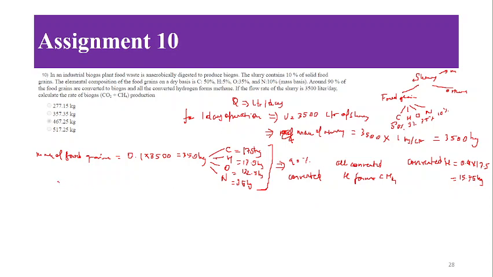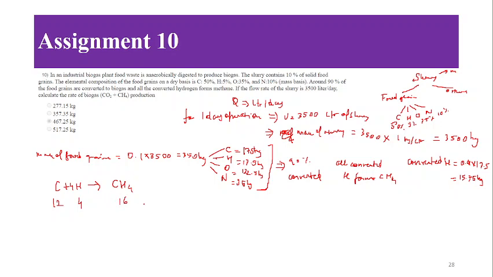And we know this elemental reaction relation as C plus 4H gives us CH4, if you look at it from the element point of view. So 12 units of mass, this is the molecular weight. 12 units of mass of carbon plus 4 units of mass of hydrogen gives us 16 units of mass of methane.